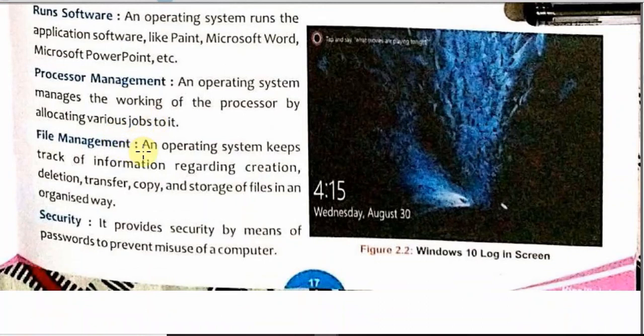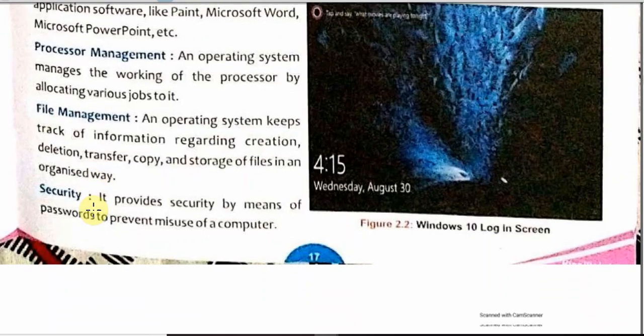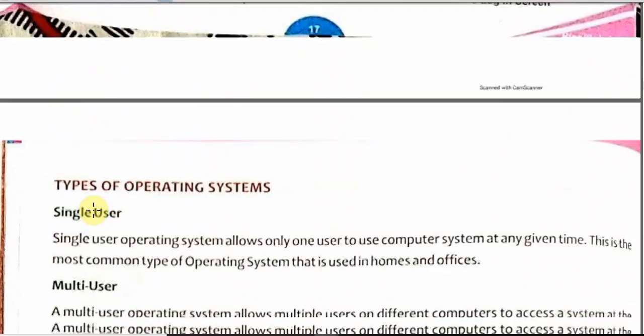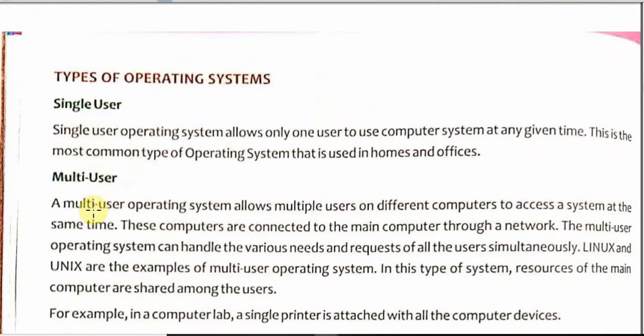Next function is file management. An operating system keeps track of information regarding creation and deletion of file, transfer, copy, moving of file, storage of file in organized way. Operating system also provides the security by means of password.